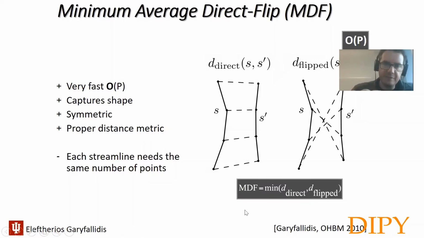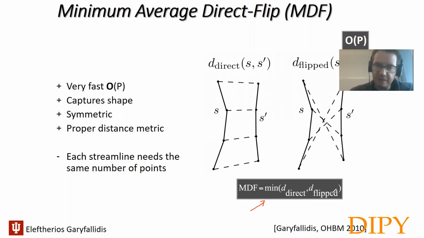The equation is written here. So basically that distance is the minimum between the average direct and the average flip distance.